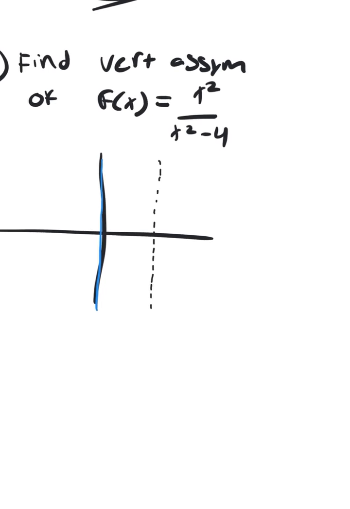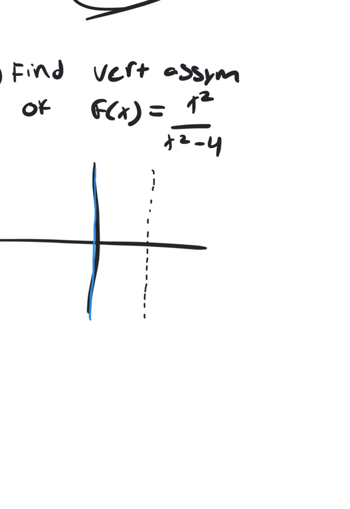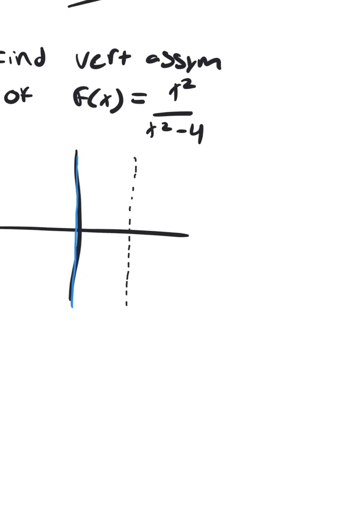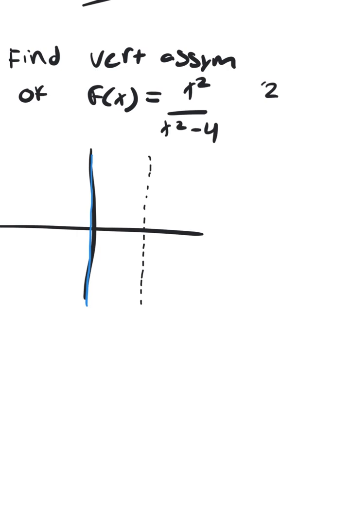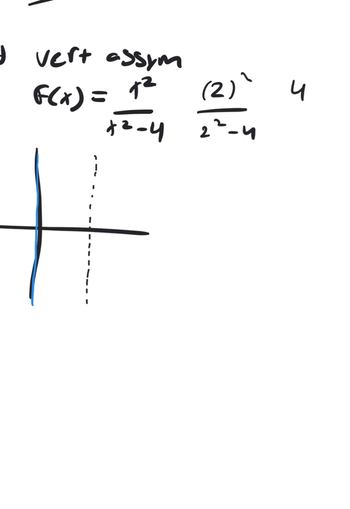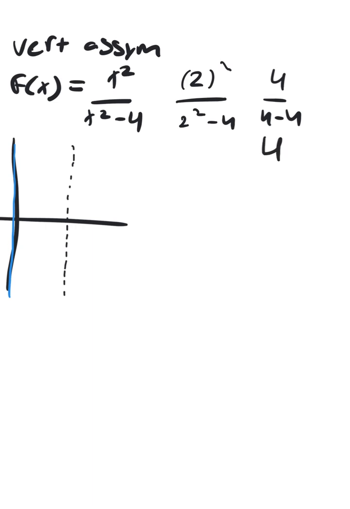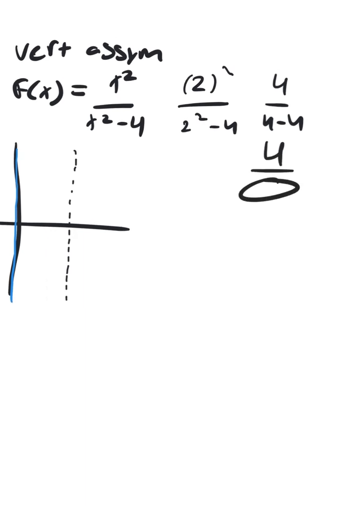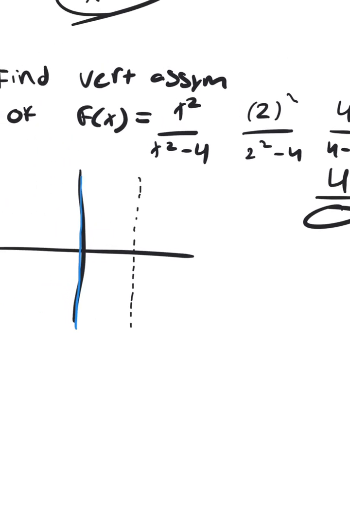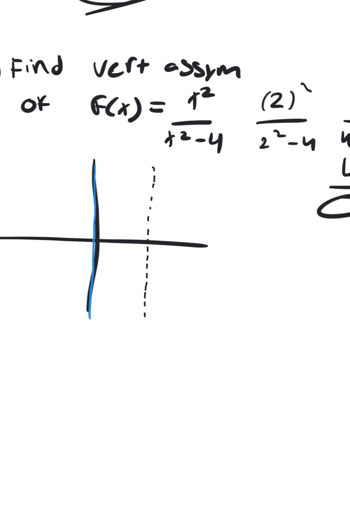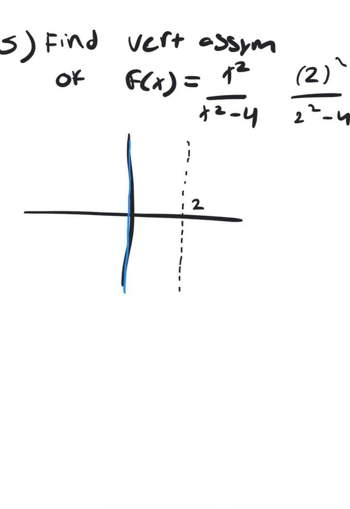We know that 2 squared minus 4 equals 0. So if we plug in 2 to this equation, it's 4 over 4 minus 4, which is 4 over 0. So boom, we already found one vertical asymptote here, which is 2.